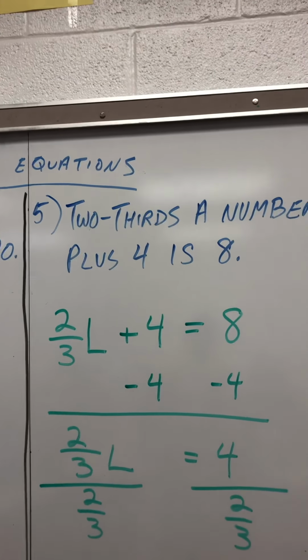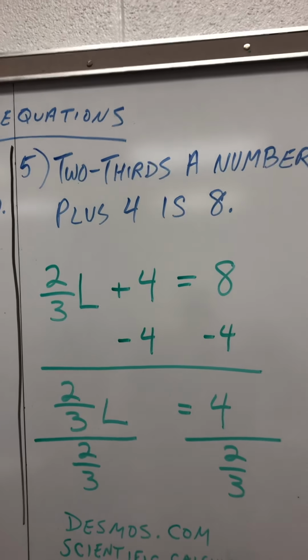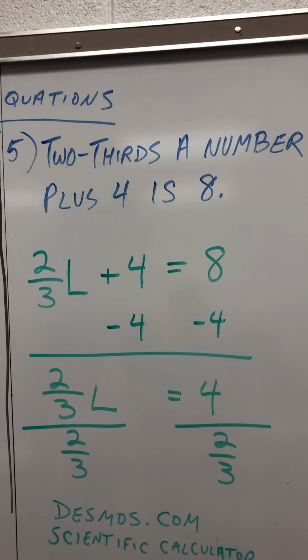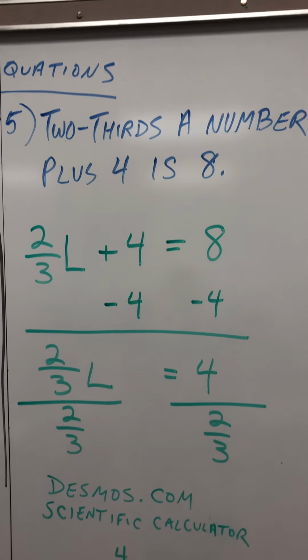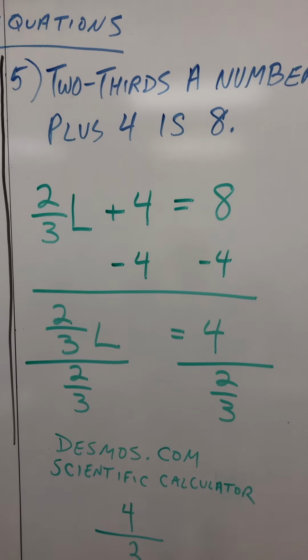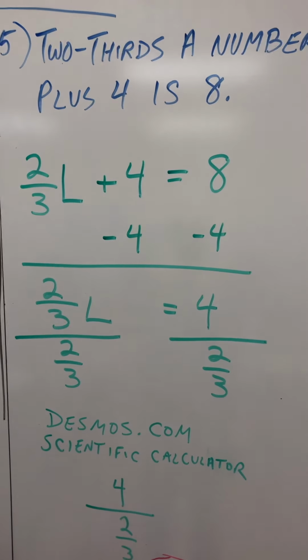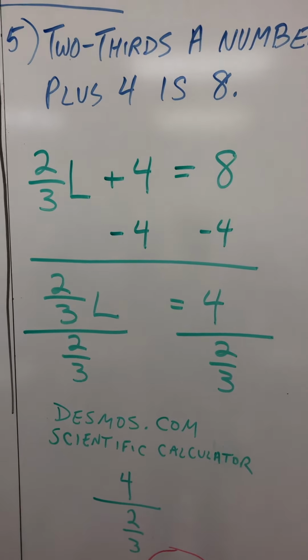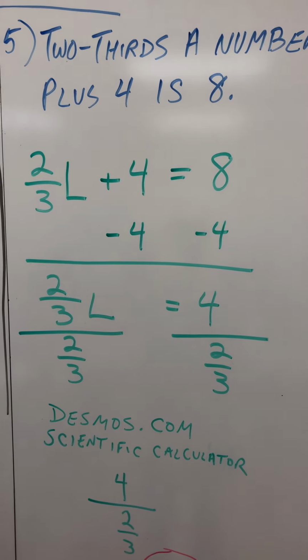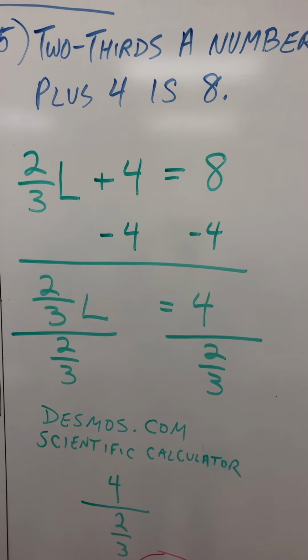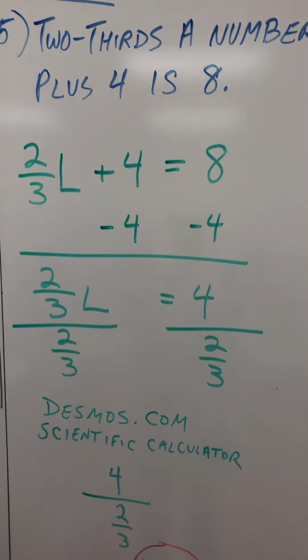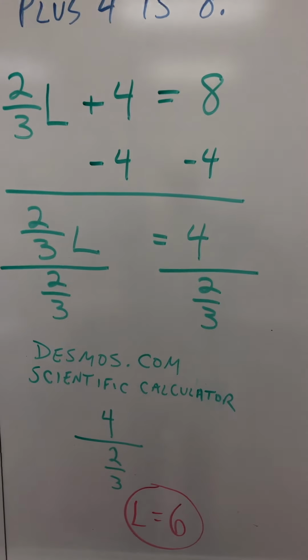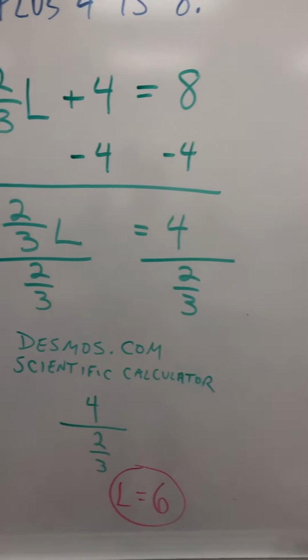So I'd like you to go to Desmos.com, click on Scientific Calculator, and do 4 divided by, there's a fraction button, 2/3. It will look like that on your Desmos.com calculator, and it will give you 6. Okay.